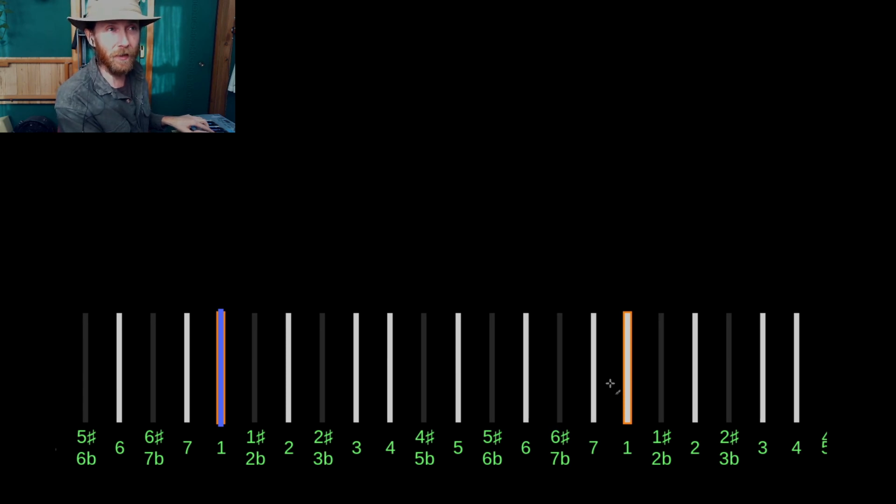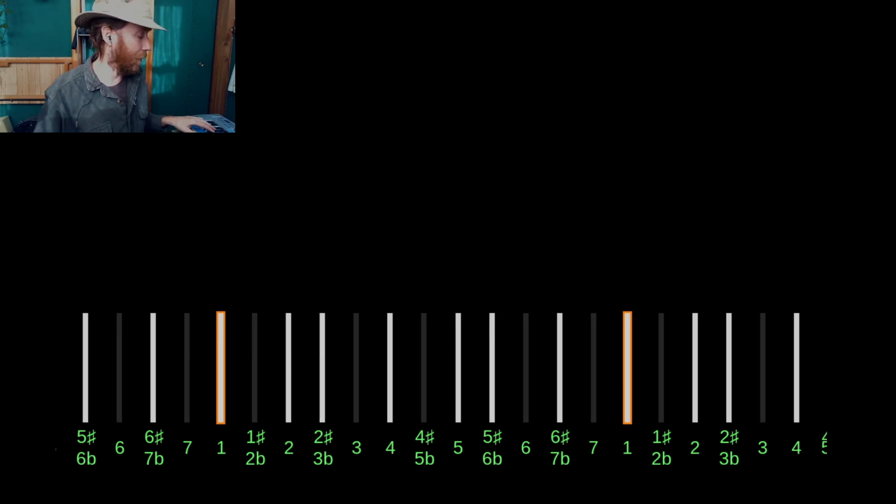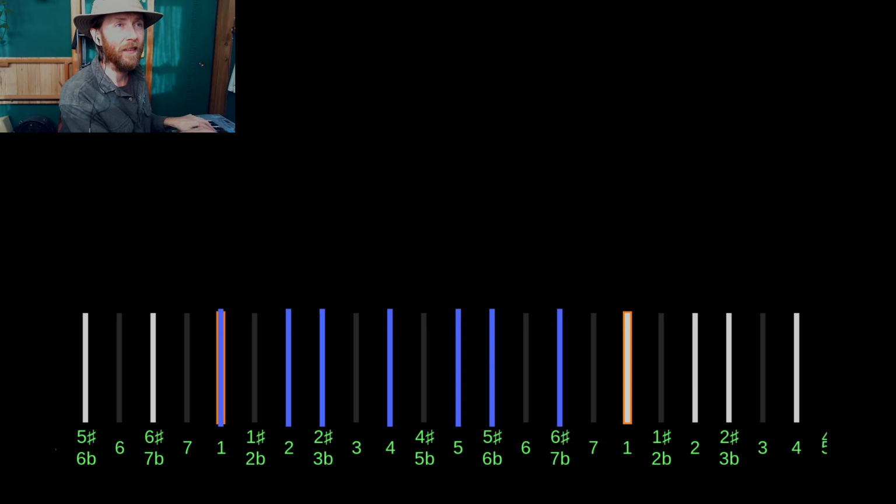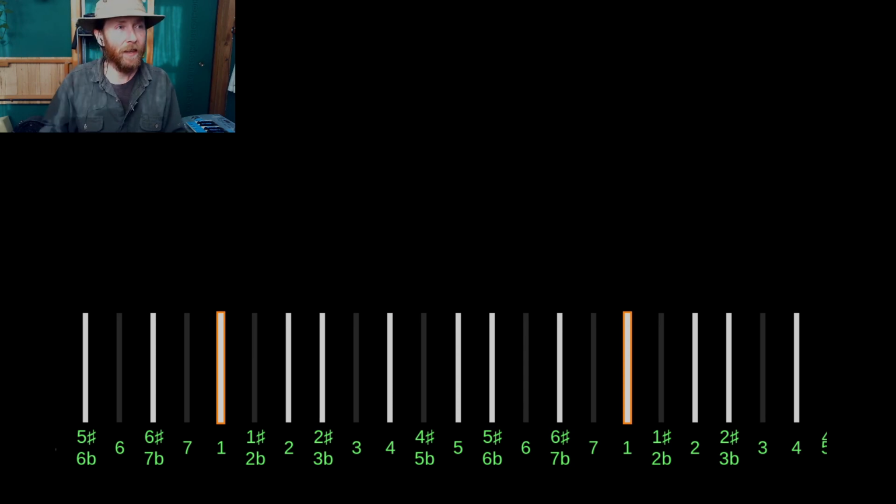It's living here, right? So that's a naming system that we use to describe notes in the scale. Our scale may not have a 7 in it. When we looked at the natural minor scale, it had a flat 7 note in it. It's got no 7. It's just got a flat 7 in it, right?